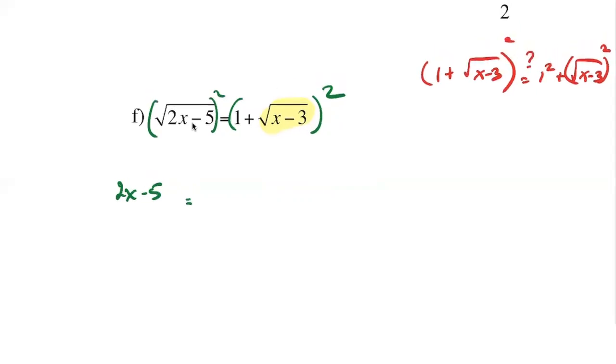If we square that, we get 1 squared plus the square root of x minus 3 squared. Is that correct? The answer is no, because it's the same thing as (a plus b) squared. It doesn't become a squared plus b squared. This is just a variation of it, right?